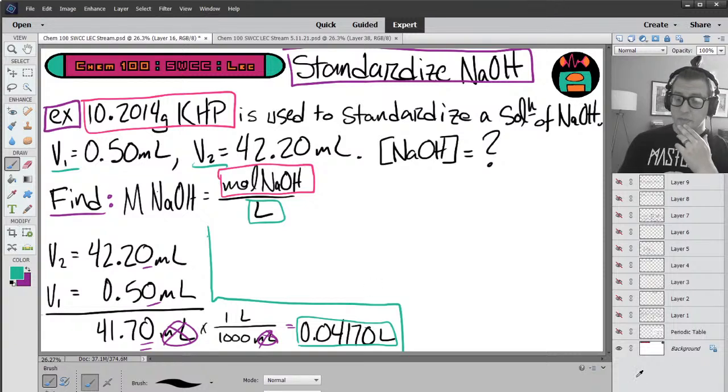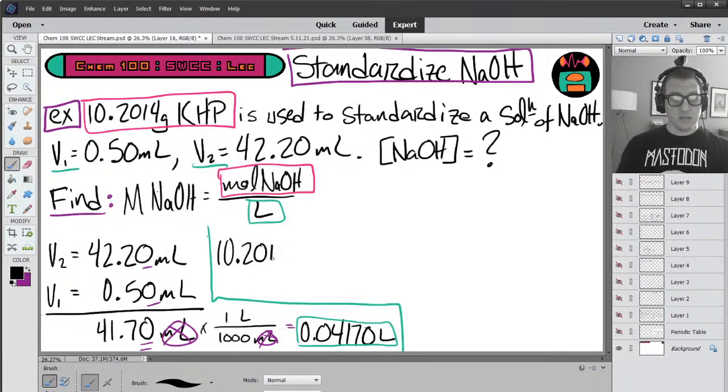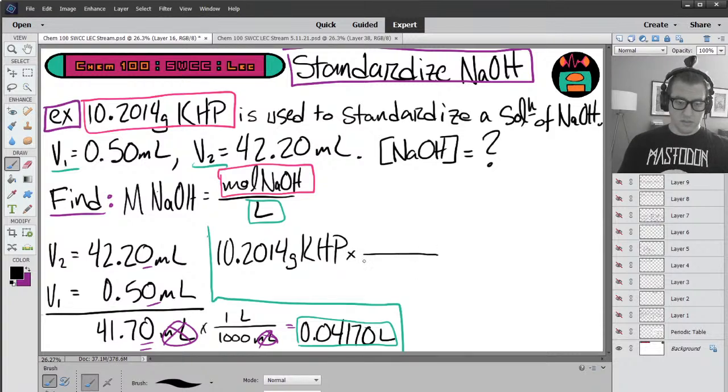Now we need to determine the moles of sodium hydroxide, and we can do that using its molecular weight, which is 204.22 grams of KHP are in 1 mole.